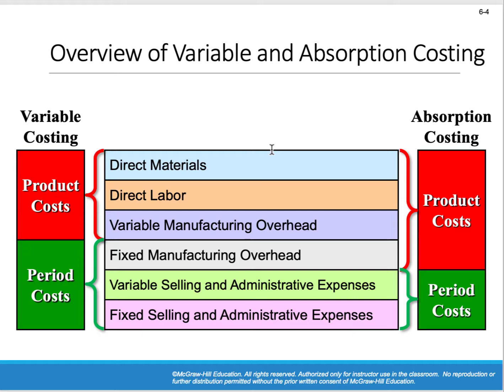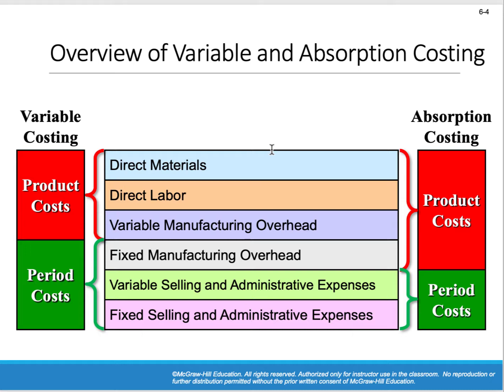Here, what we're doing is we're saying, which of all these costs that we have are period costs, and which are product costs? The difference between variable and absorption costing is how we handle the fixed manufacturing overhead. It's the only difference, okay?